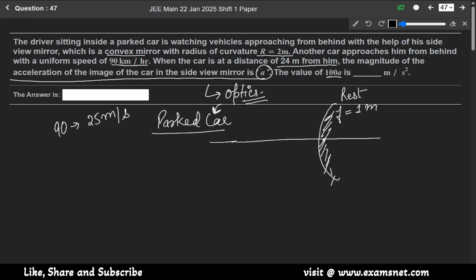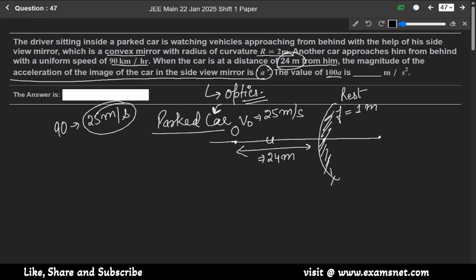So the car is at a distance of 24 meter. Means let us say O is the object point. So this U equals 24 meter. And speed, meaning V naught, will be 25 meter per second. Okay. Speed of the object means the car which is coming from behind.